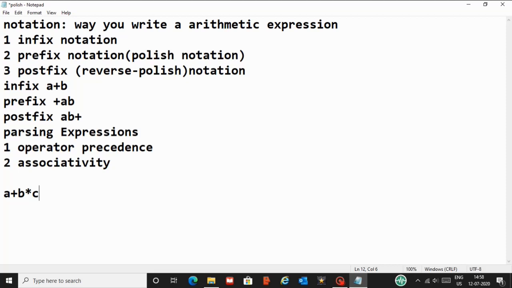Here I can see B is between two operators, one is plus and one is multiplication, that is star. Whether the multiplication should happen first or the addition, because B is in between two operators, plus and star.